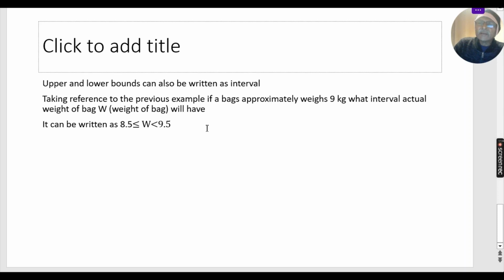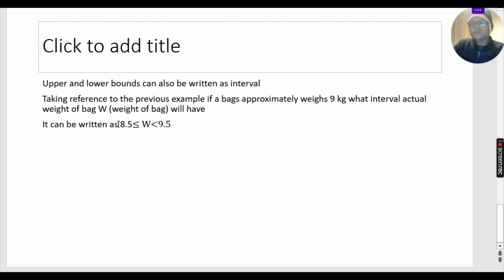We can write the same figure as in the last example: the lowest value is 8.5, then a sign of less than or equal to, then the weight W, which is less than 9.5. Writing in this fashion is called writing in interval form, or writing as an interval.